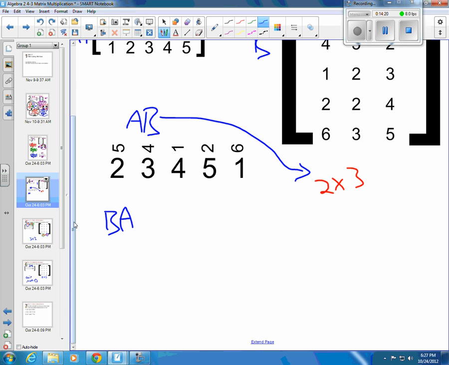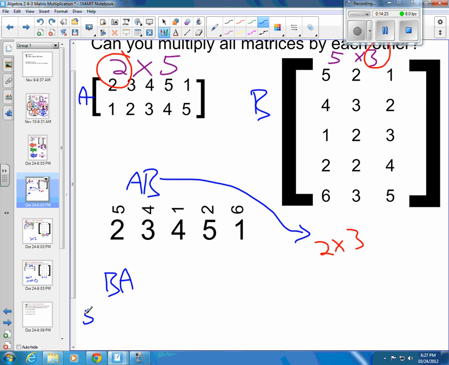Well, let's look at that. B is a 5 by 3, and A is a 2 by 5. Are the inside numbers the same? No. Which means you cannot take B times A. You can only take A times B. So now we don't have the commutative property working anymore.